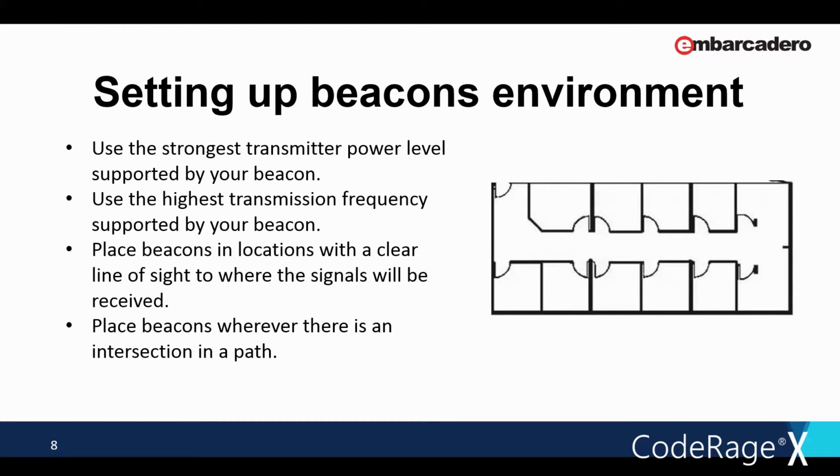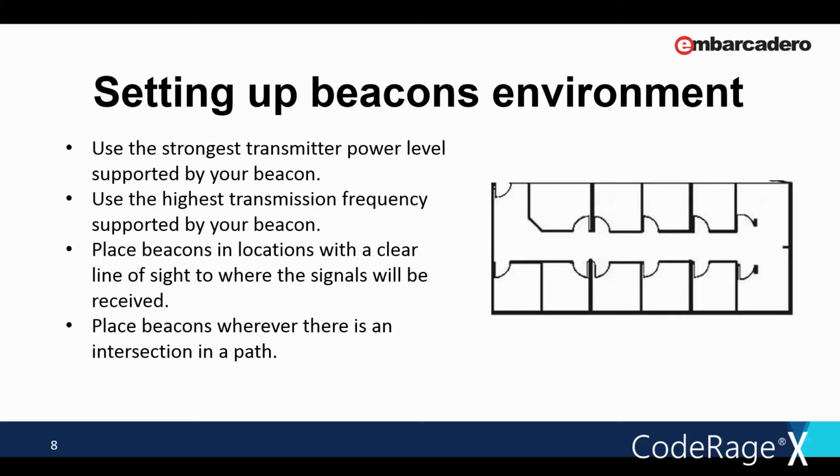Use the strongest transmitted power level supported by your beacon if possible, and if the use case allows for it. Stronger signal levels mean higher signal-to-noise ratios and better distance estimates. Use the highest transmission frequency supported by your beacon. The more advertising packets received by a mobile device, the more samples it will have to average to filter out noise.